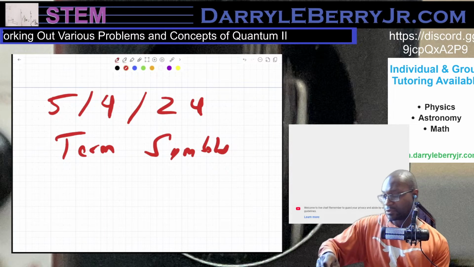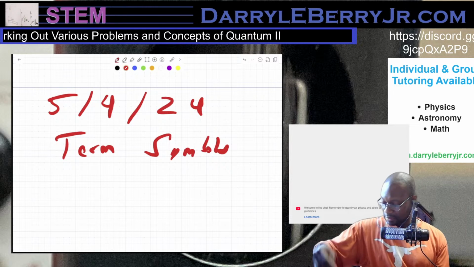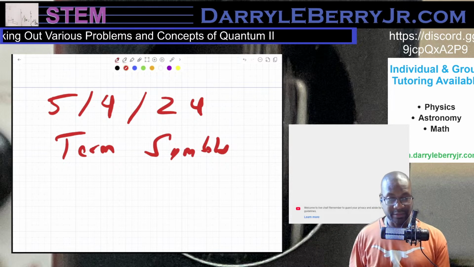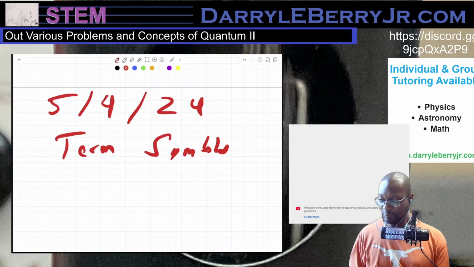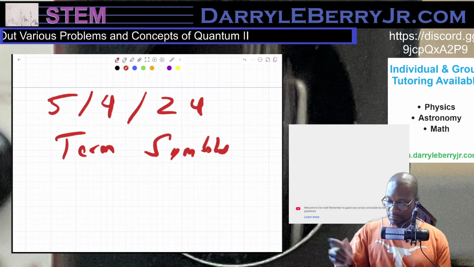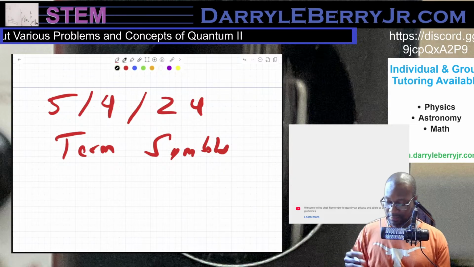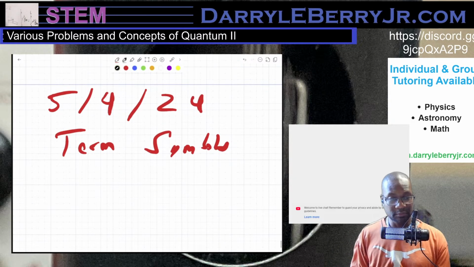I'm still not even sure exactly what role they play except to demonstrate certain transitions of the way orbitals are filled up in atoms.